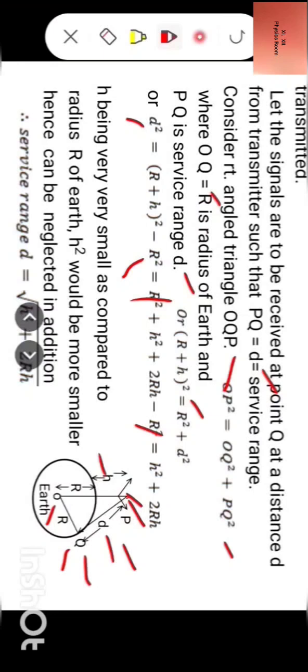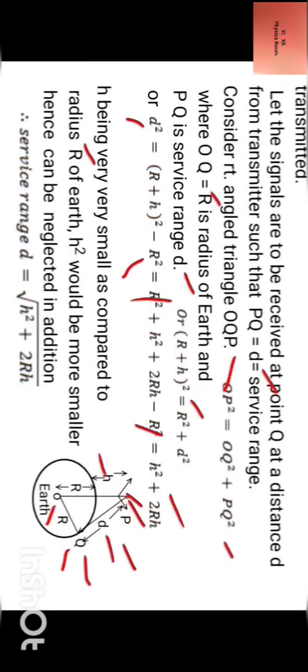Therefore, we have D square is equal to h square plus 2Rh, where h being very small as compared to radius R of earth. Therefore, h square would be much smaller, hence can be neglected in addition. Therefore, service range D is equal to under root h square plus 2Rh.